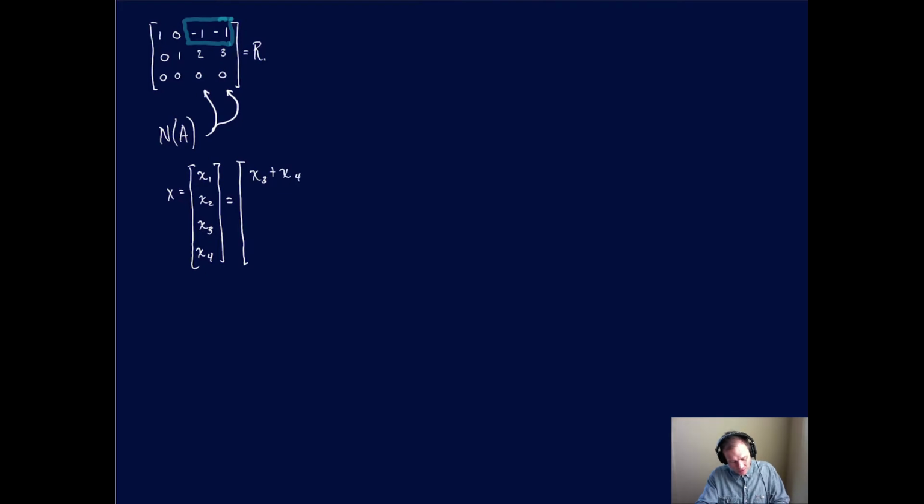And x2, well, that's going to become a minus 2x3 plus minus 3x4. x3, well, that's just x3. And remember, there's 0 x4s. 0x3 plus 1x4.